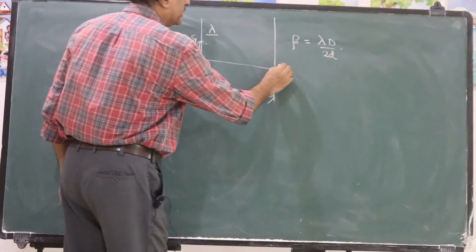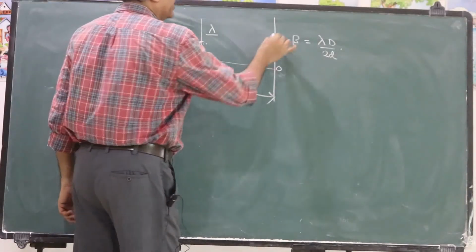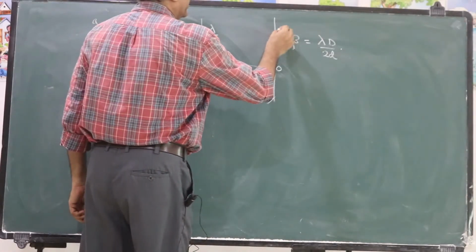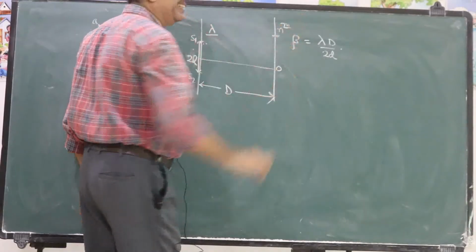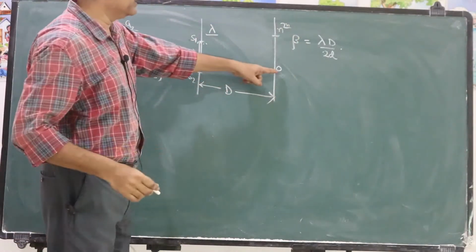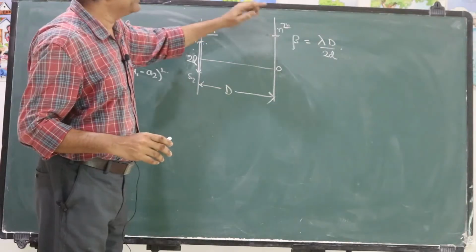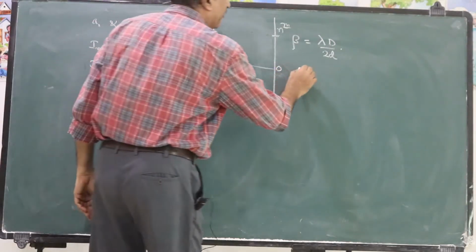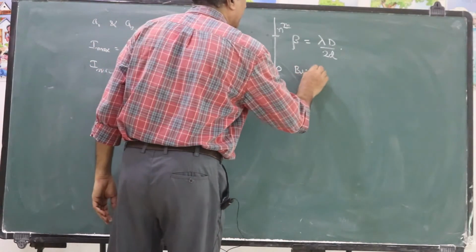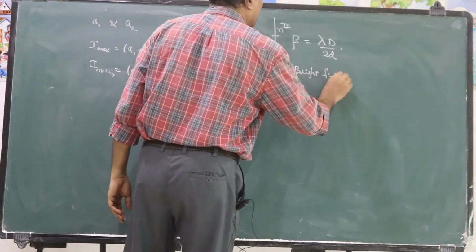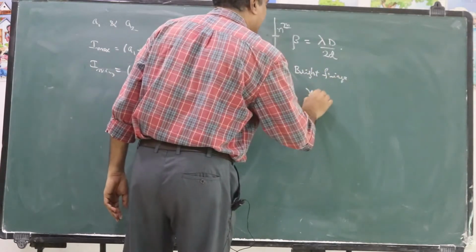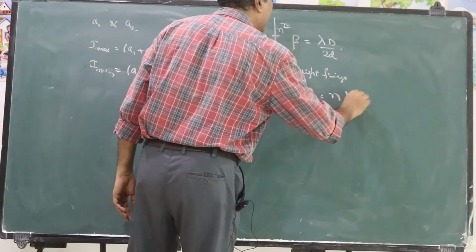Now this central fringe is O, then the position of nth bright and nth dark. That means the central fringe is always bright, and nth bright or nth dark condition is, for bright fringe, xn is equal to n lambda D by 2d.